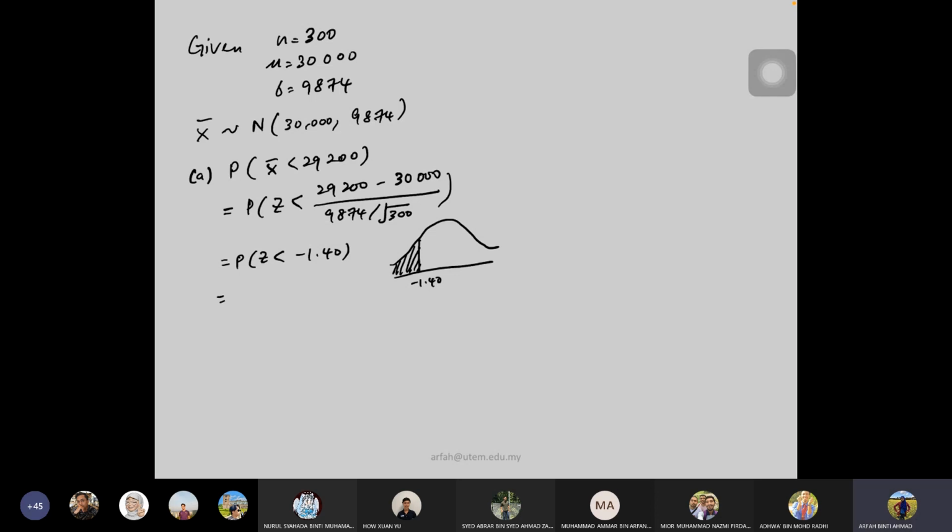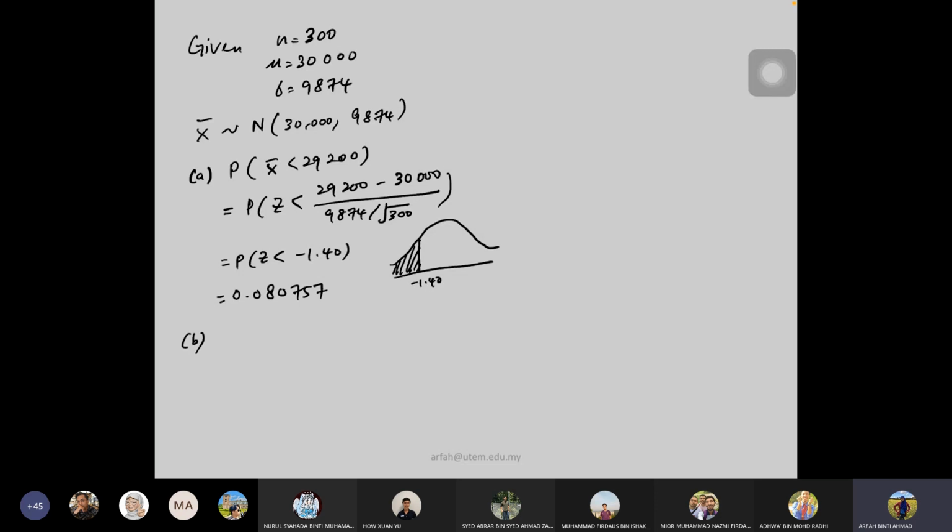Z less than negative 1.4. What's the answer? Yes, correct: 0.080757. Okay. Did the others get it? That was for question A. Those who have finished, try B.